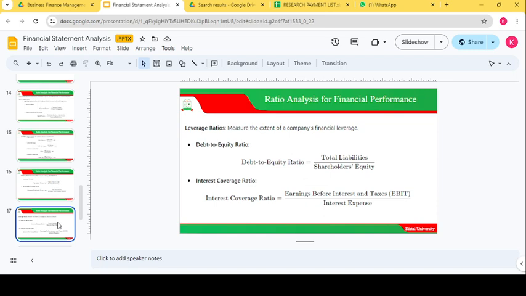So if you want to calculate leverage, these are the methods you can use. In case your organization wants to measure the extent of a company's financial leverage, you may use the debt to equity ratio or the interest coverage ratio.